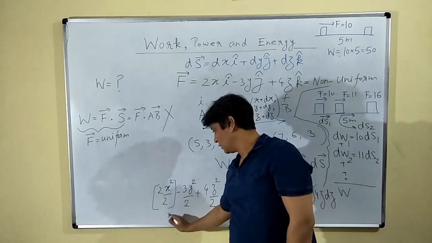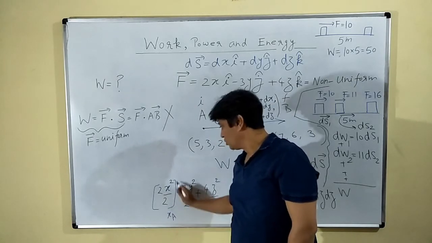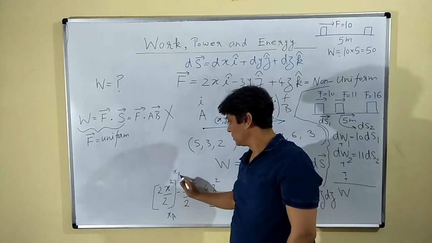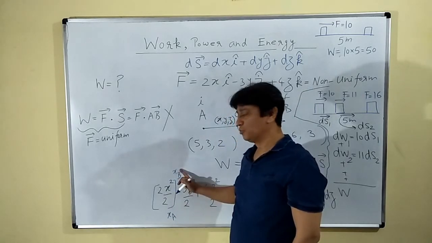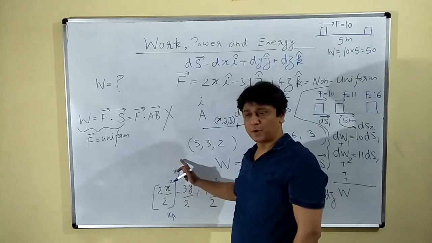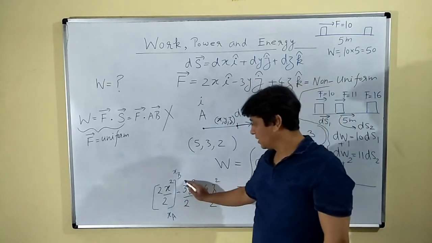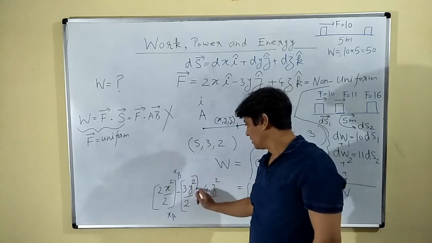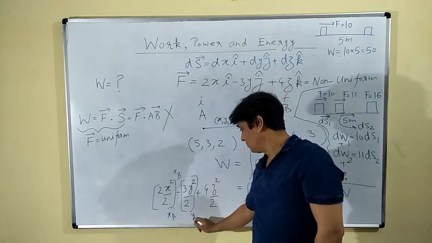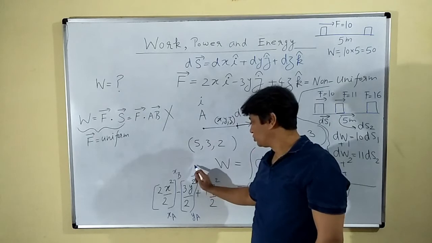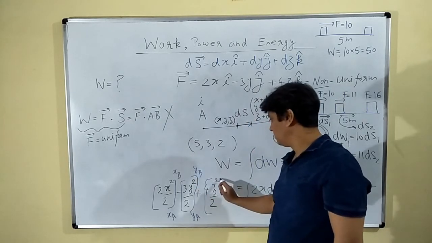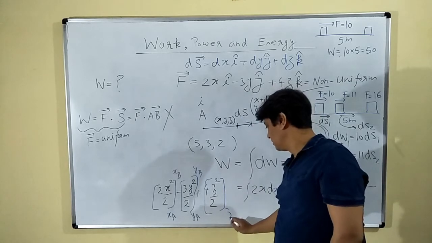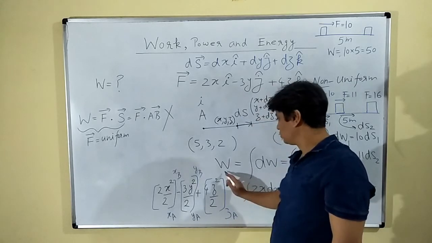from A to B. This is x starting from A to B. This is called lower limit, upper limit. जब आप यहां आएंगे, from to, similarly from to.